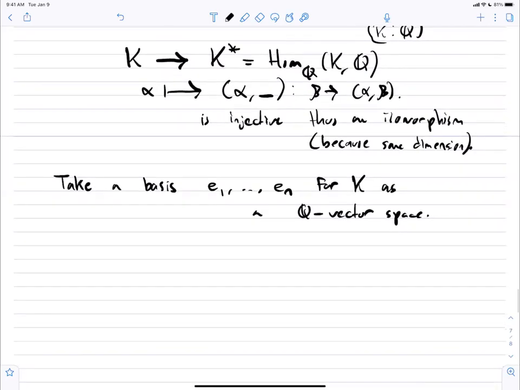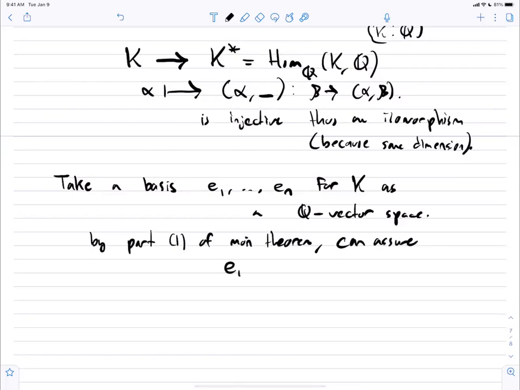And then by part 1 of the main theorem, if I multiply them by a large enough integer, I can assume they're all in OK. So I can assume that each Ei is contained in OK.